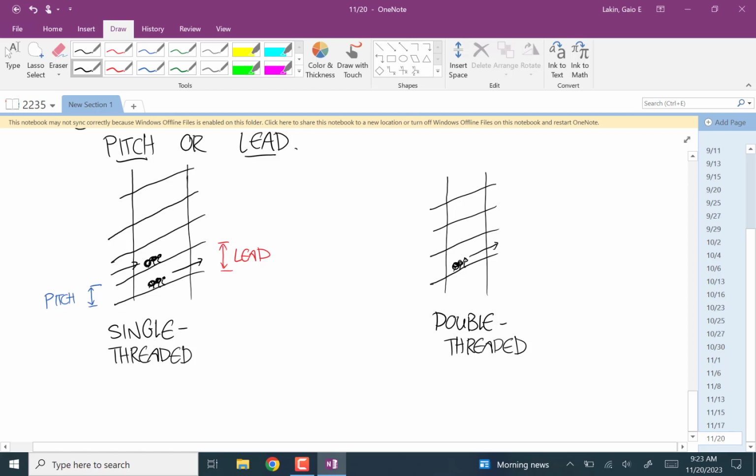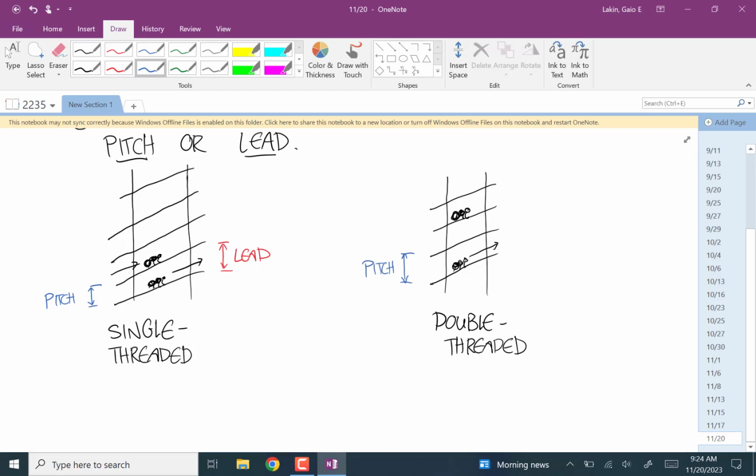And the next time you see him, he would be up here. There are two independent threads going around that don't connect to each other. In that case, this is still called the pitch. But you can imagine for calculating the angle of that ramp, we don't care about that. We just care about how steep the ramp is that the ant is traveling on.